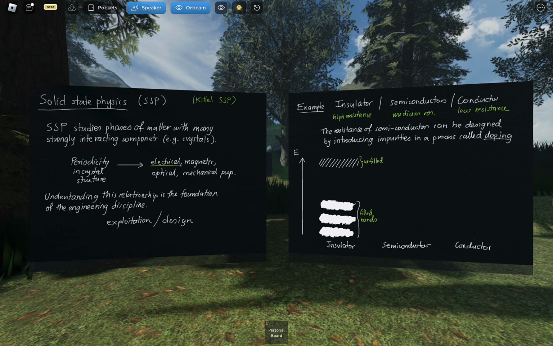There are no electrons in this energy band. And this is called the band gap. And in an insulator, it's maybe on the order of 5 electron volts. And these two bands, the top one of the filled bands and the bottom one of the unfilled bands, have special names. This is the valence band, and this is the conduction band.